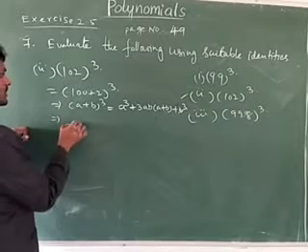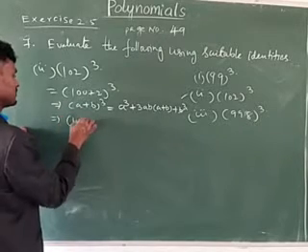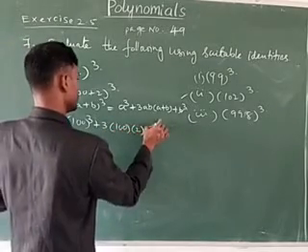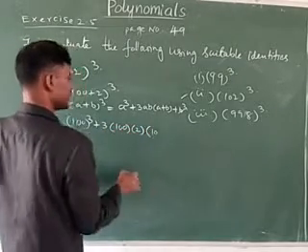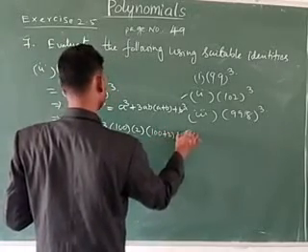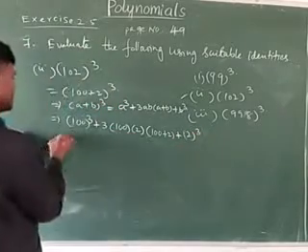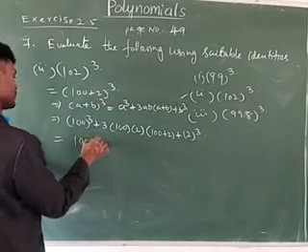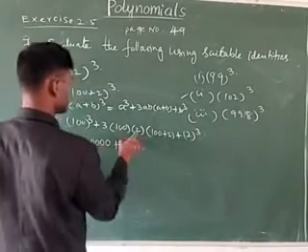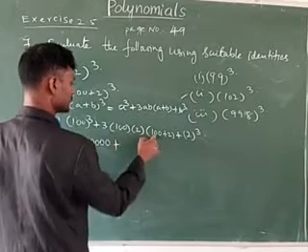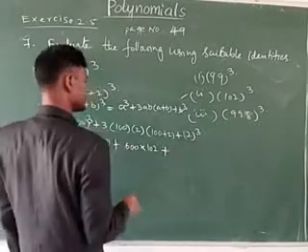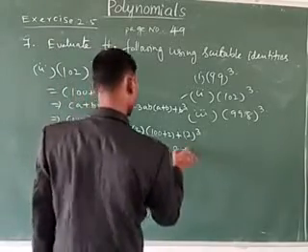Now see here: a cube means 100 cube, plus 3 into a, which is 100, into 2 into (a plus b), that is 100 plus 2, plus b cube, which is 2 cube. Now 100 cube is 10 lakhs, plus 2 into 3 is 6, into 100 is 600, into 102, plus 2 cube is 8.